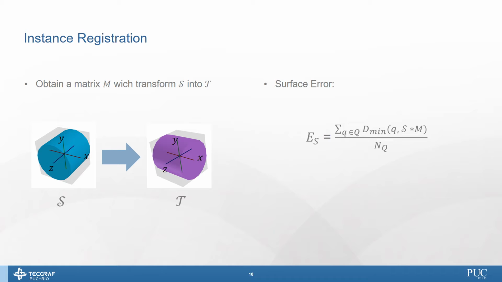During this stage, we compute the surface error, which consists of the distance of the point cloud centered on the target mesh to the source mesh multiplied by this matrix M. This sum is then divided by the number of points on the target mesh.